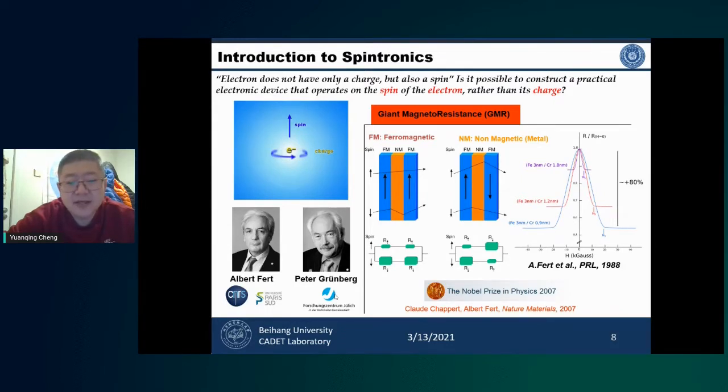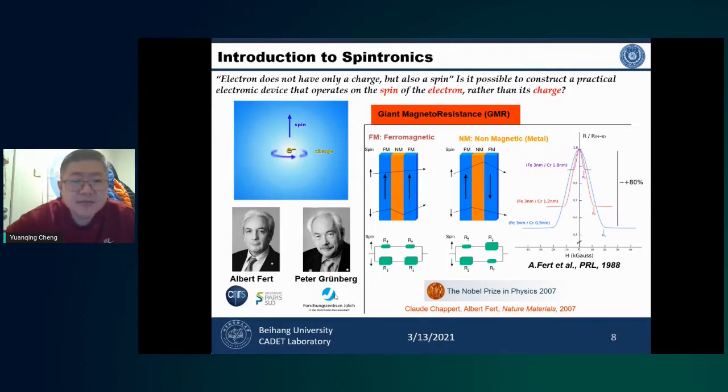Otherwise, they have high resistance. With the difference in the resistance, we can store 1 bit in a memory cell. And this is the working principle of magnetic RAM.